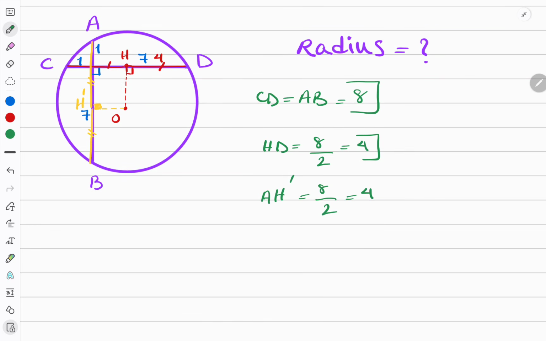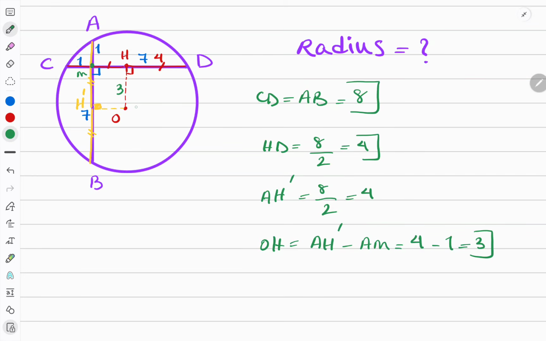OH is the difference of AH prime and, let's call this M, this point, AM, which is 4 minus 1 and is 3. So OH is 3.